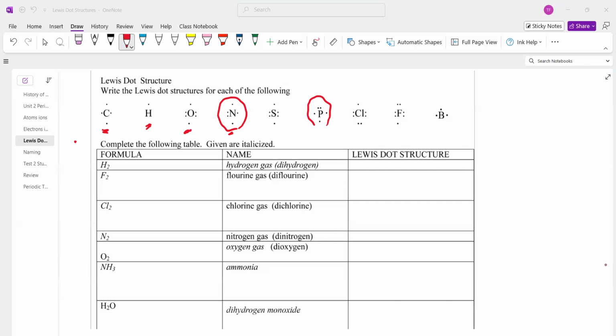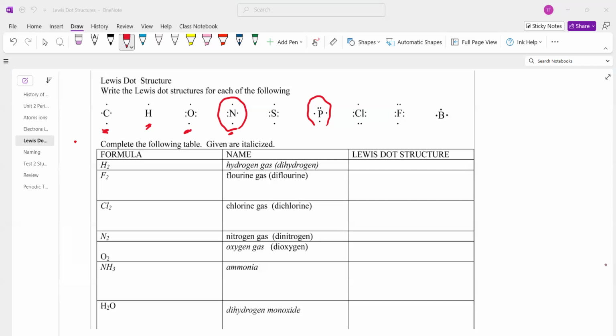If you have three singletons, that means it's going to have three bonds. Now, those three bonds can be a triple bond, that means three pairs. It can be a double and a single, or three singles, as long as they add up to three bonds.